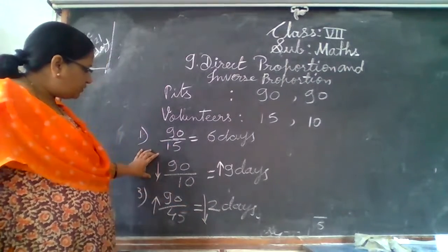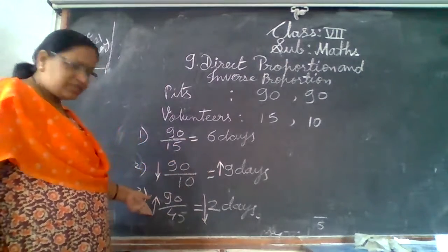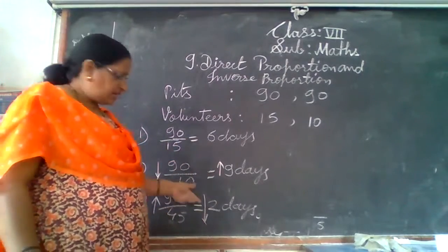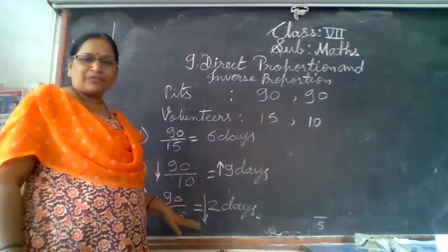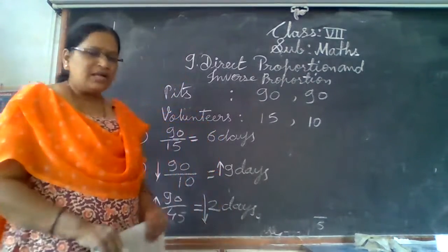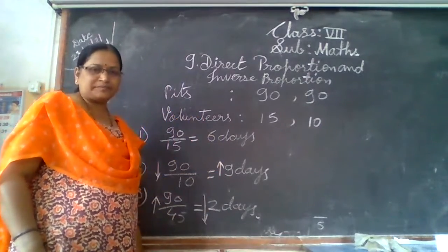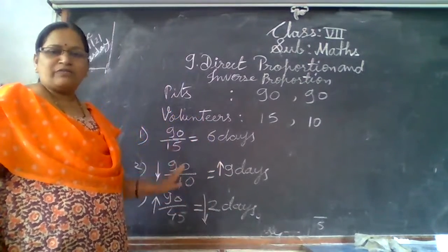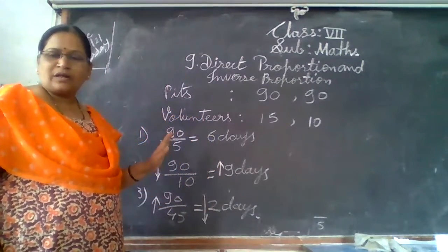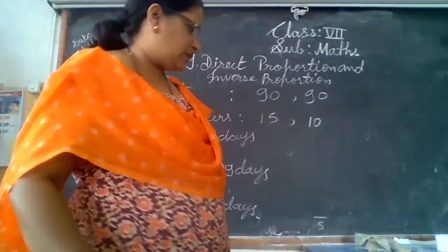So here if you decrease one thing, the other increases. If you increase the first thing, its related quantity decreases. It is what, beta? Here the opposite variation is given. It is the inverse proportion.